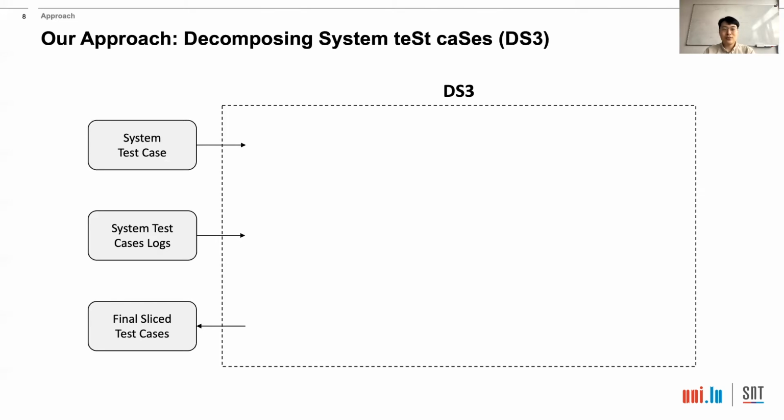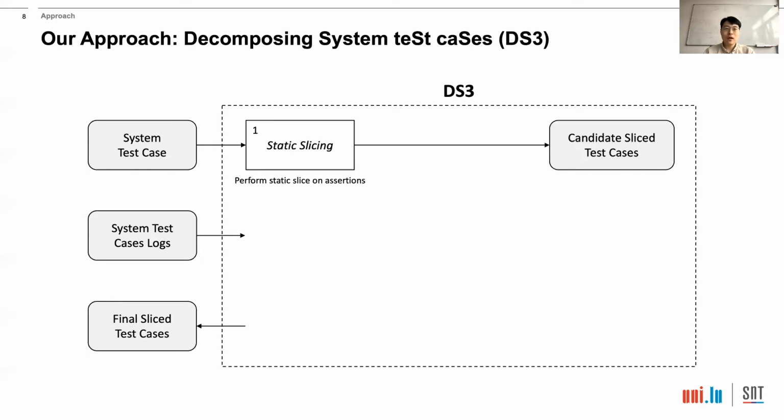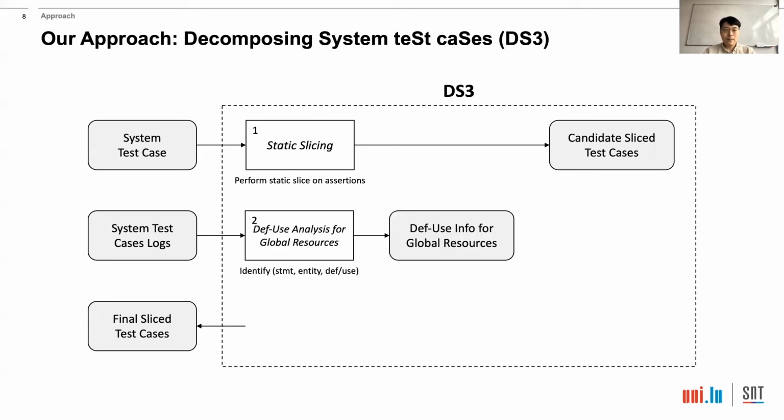Our approach, decomposing system test cases, in short DS3, takes two inputs: the system test case to be decomposed, and the system test case execution logs to refine the slice internally. It then finally returns the final sliced test cases. Initially, we perform static slicing on the original test case, and the candidate test case slices are generated in this static manner.